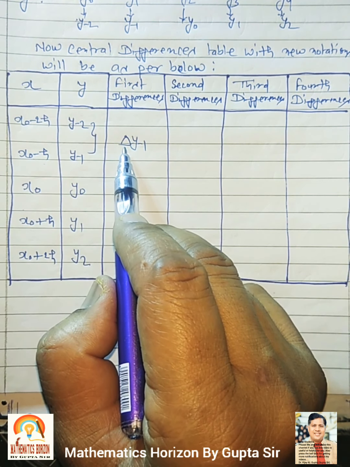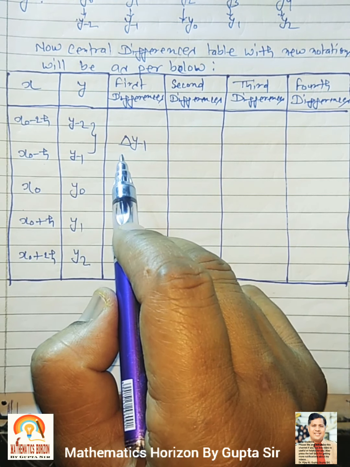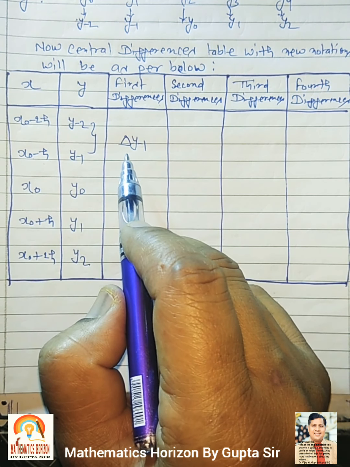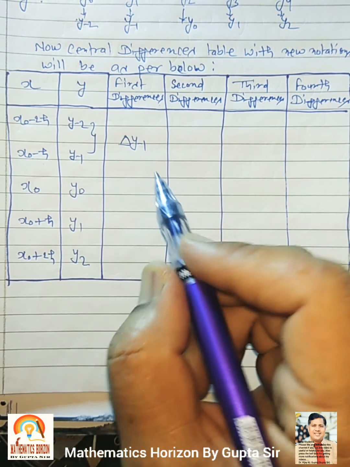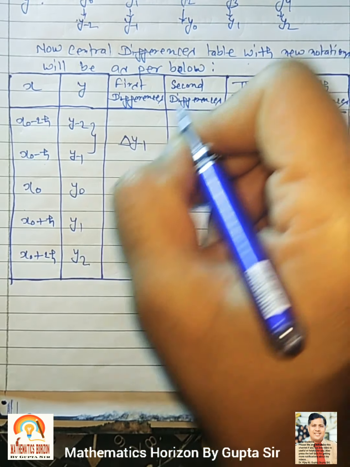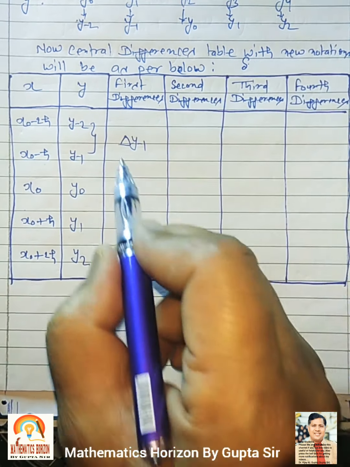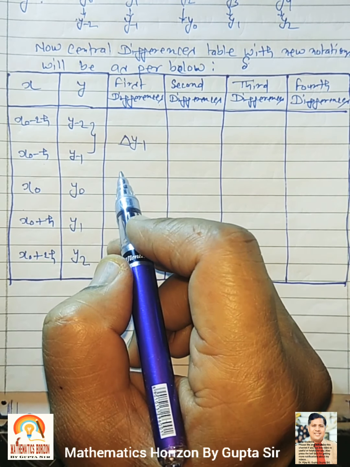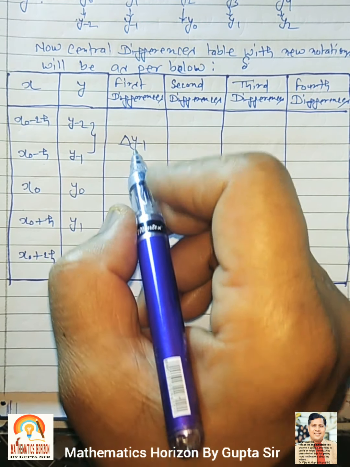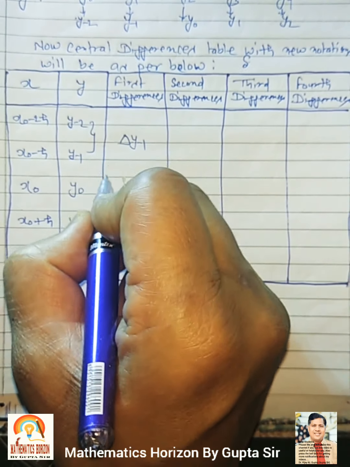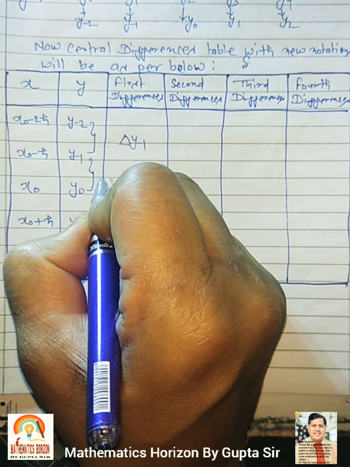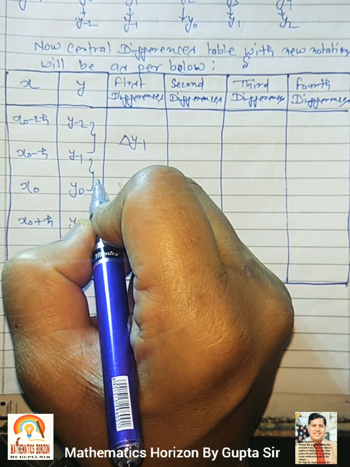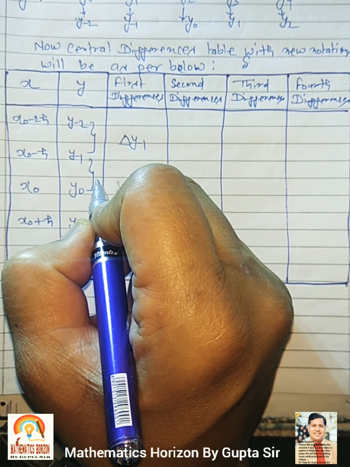Normally we use del as the forward difference operator, but for better understanding of this method, we are not using that kind of del here.